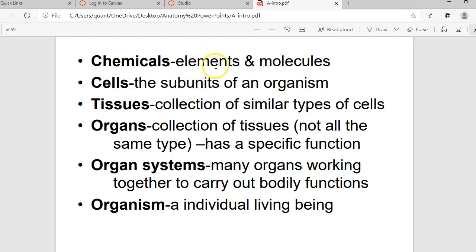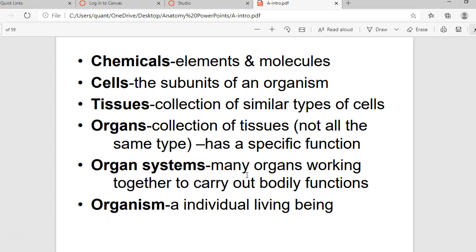Chemicals, or elements and molecules, that's the smallest little constituents, and they can get together and make up cells, which are subunits of an organism. The tissues are collections of similar types of cells. Organs can be a collection of tissues. Organ systems are many organs working together. Think of your respiratory system.